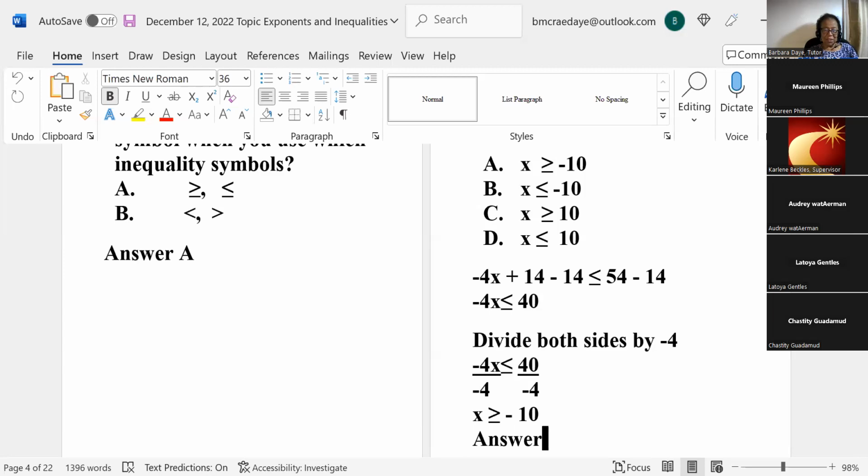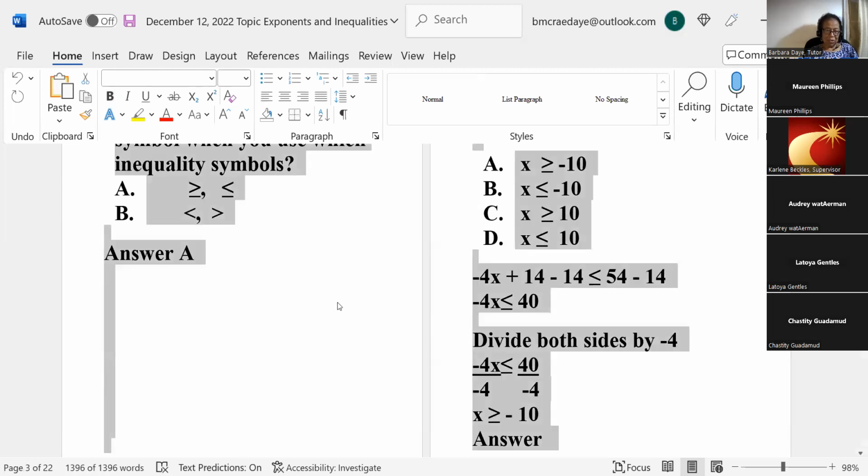But it's a negative 10, not a plus 10, it's a negative 10. So what's the answer? A, B, C, or D? A? That's it. Answer A.